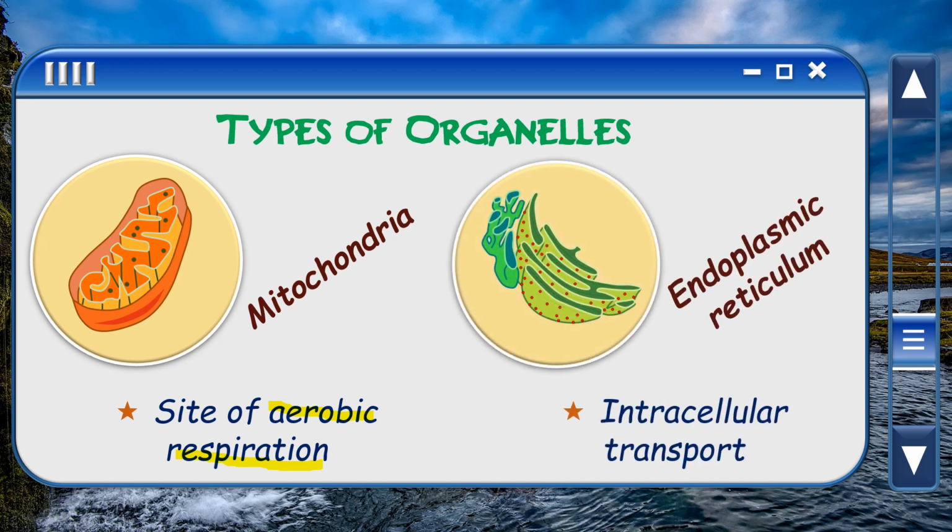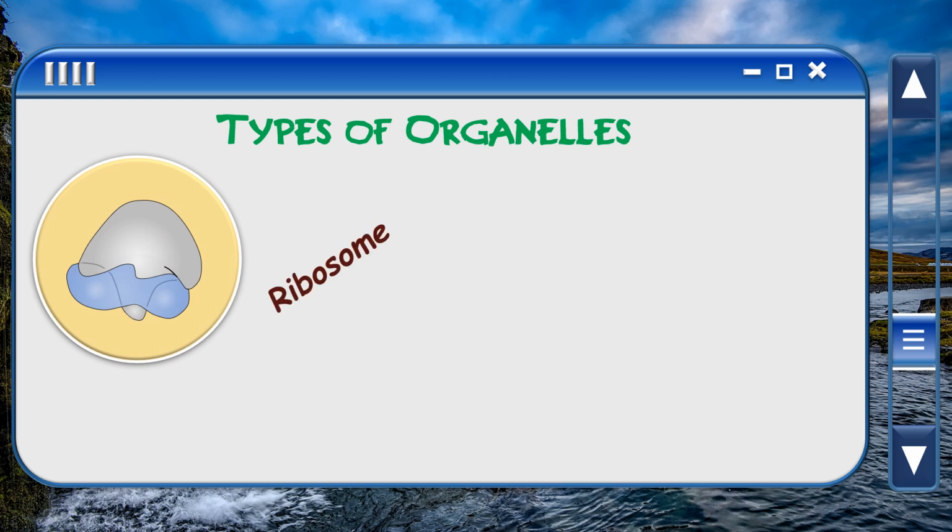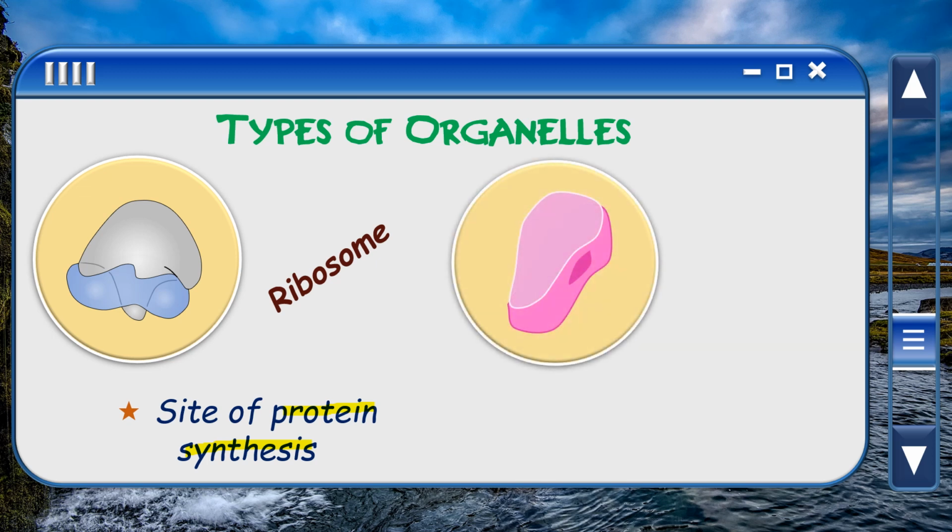We have the endoplasmic reticulum, another organelle involved in intracellular transport. We have the ribosome, and this one is a site of protein synthesis.